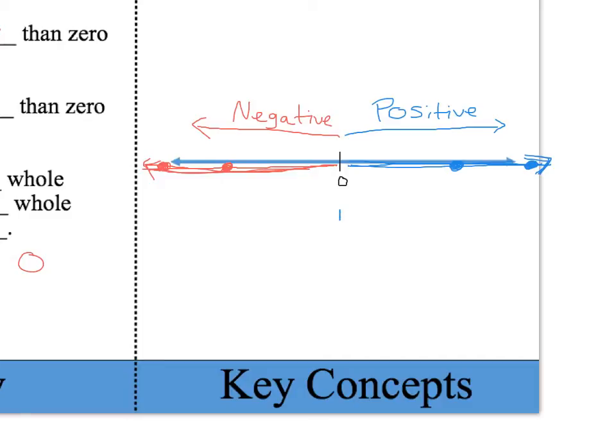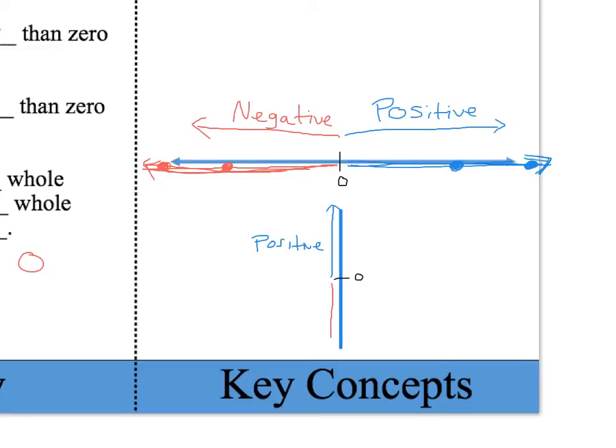We can also have number lines that go up and down as well. So for example, I would still place my 0 in the center, but now my positive numbers would go up. So the positive region in a vertical number line would go up.